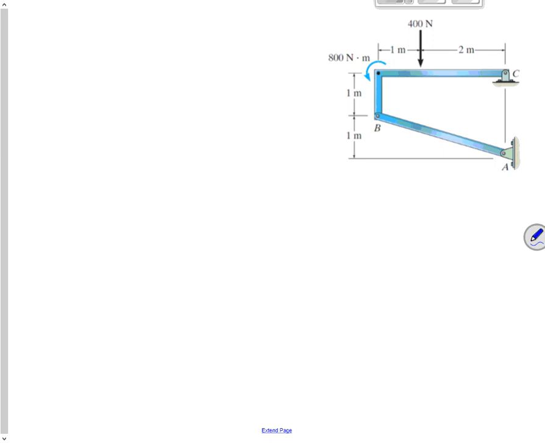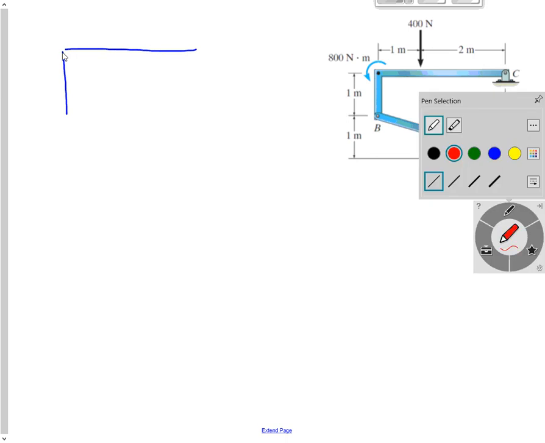So now I'm still looking at this same free body diagram.